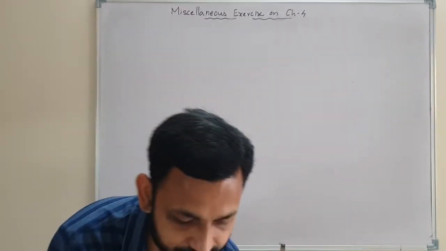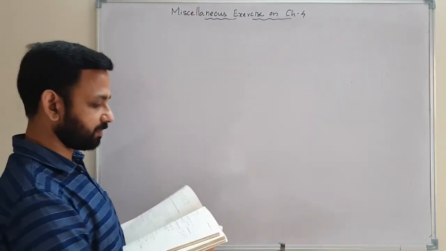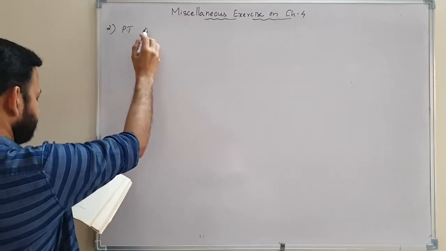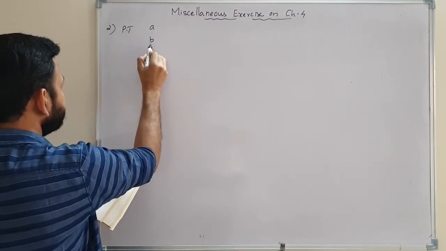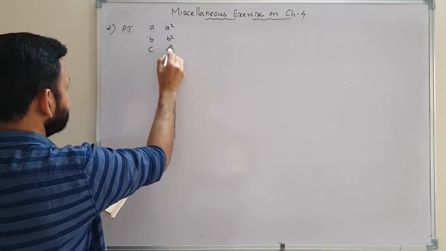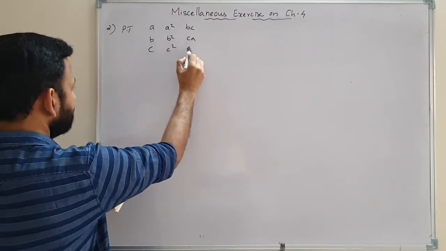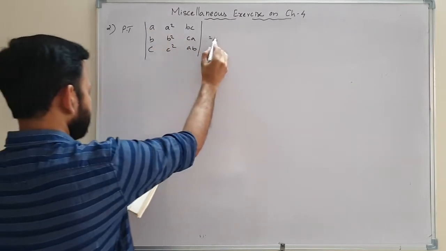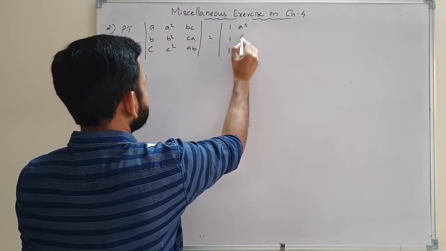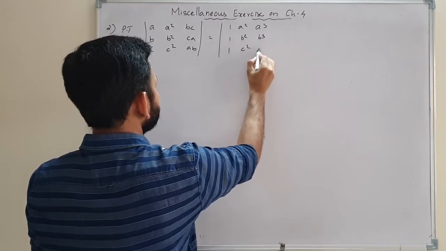Then second question, without expanding the determinant, prove that the determinant with rows A, B, C; A square, B square, C square; BC, CA, AB is equal to the determinant with rows 1, 1, 1; A square, B square, C square; A cube, B cube, C cube.